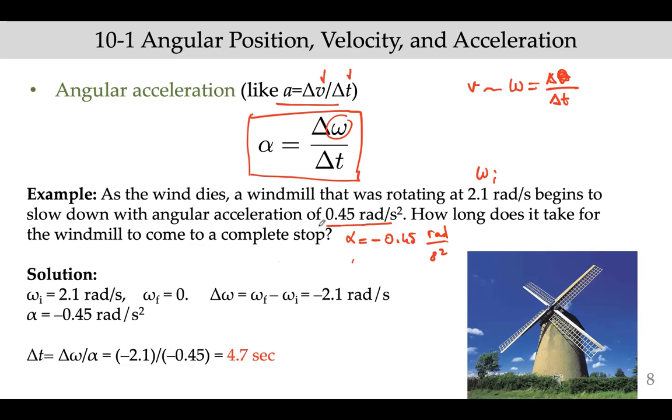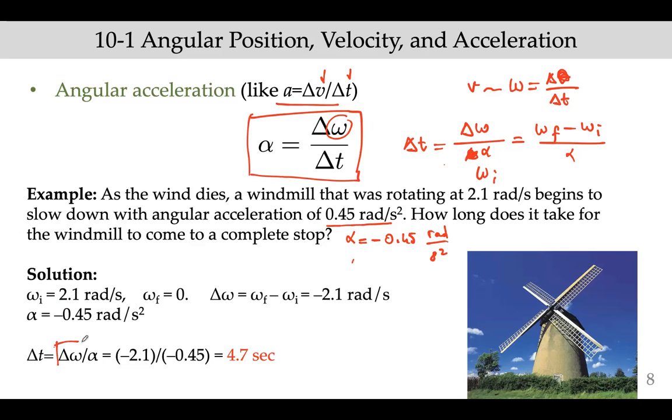So how do you calculate it? Well, we are going to use this formula, except I'm going to have delta t on the left-hand side, because that's what's asked. And it will be delta omega divided by alpha. And delta omega is basically final angular speed minus initial angular speed, divided by alpha. So we are going to use this formula. We know what alpha is, negative 0.45.